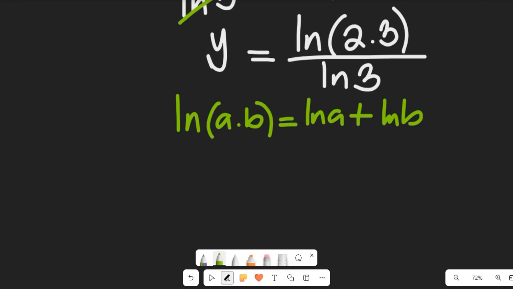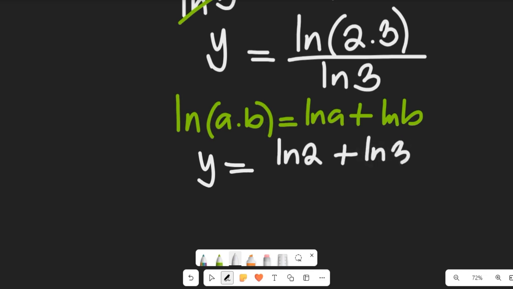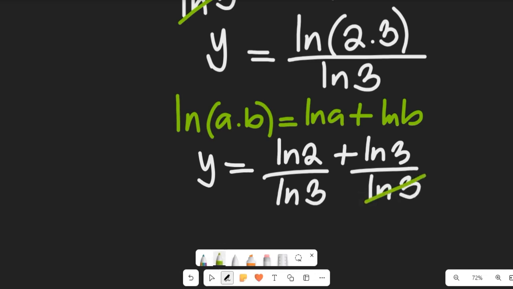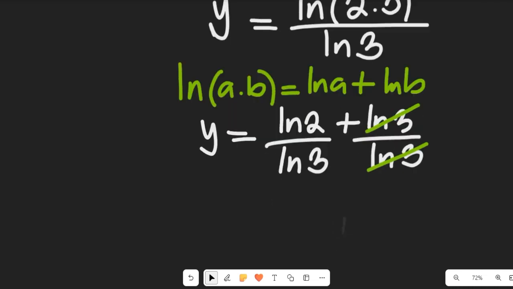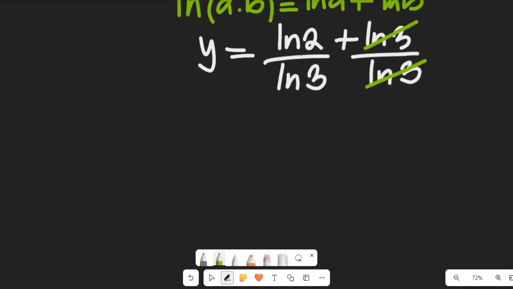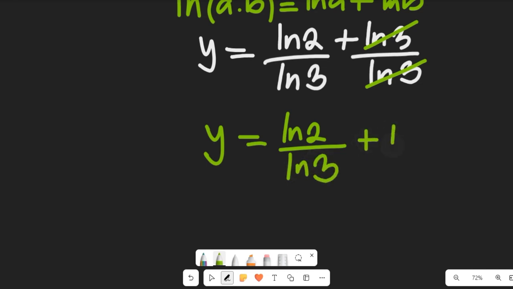So what do I have? I'll have the value of y to be equal to the ln of 2 plus the ln of 3, divided by the ln of 3. From here you see that this will clear this, and what I will be left with is y equal to the ln of 2 divided by the ln of 3, plus 1.